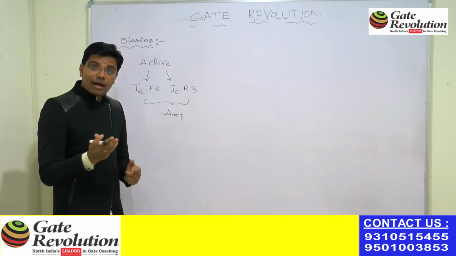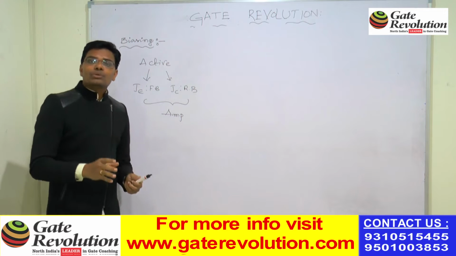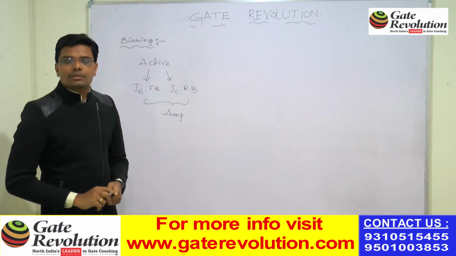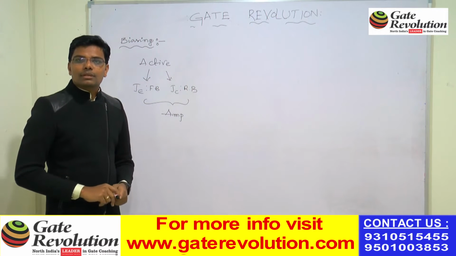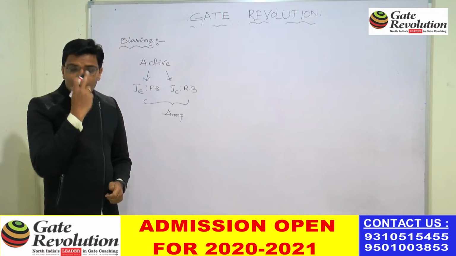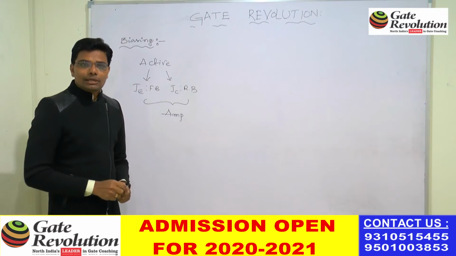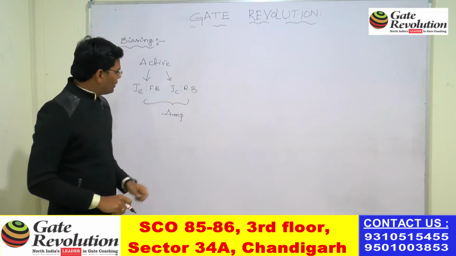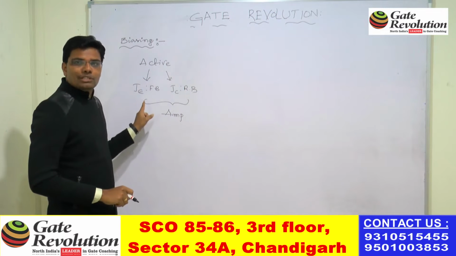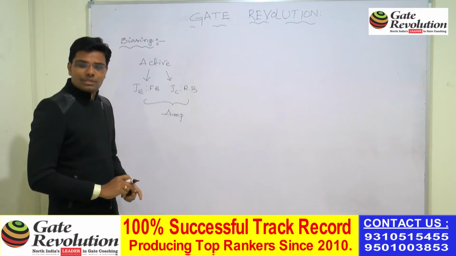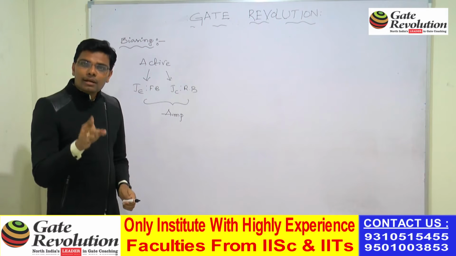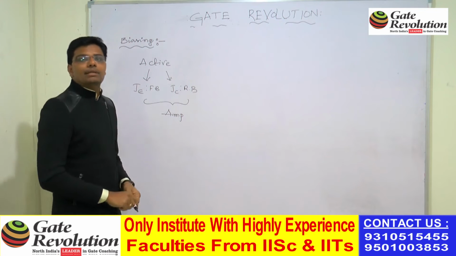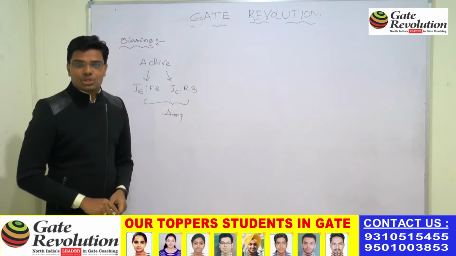Then for amplification purpose, we are using 12 volts DC or 15 volts DC. When compared with mobile charging DC voltage, this amplification DC voltage is very high. Then obviously because of 12 volts DC or 15 volts DC voltage, heat is dissipating at the emitter junction as well as the collector junction.